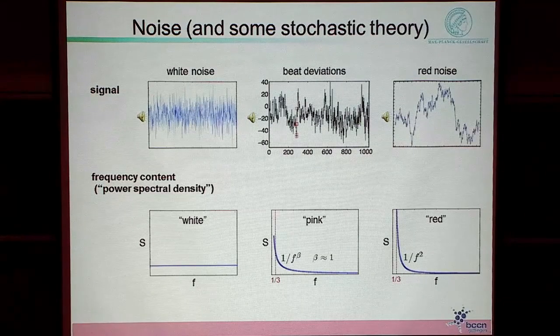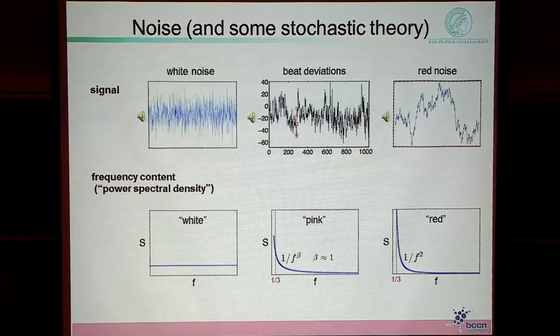Now this obviously comes from optics, because in white light all frequencies are equally contained. Red light has more low frequencies, or long wavelength. And so this kind of signal is also called pink noise because it's somewhat in between white and red.